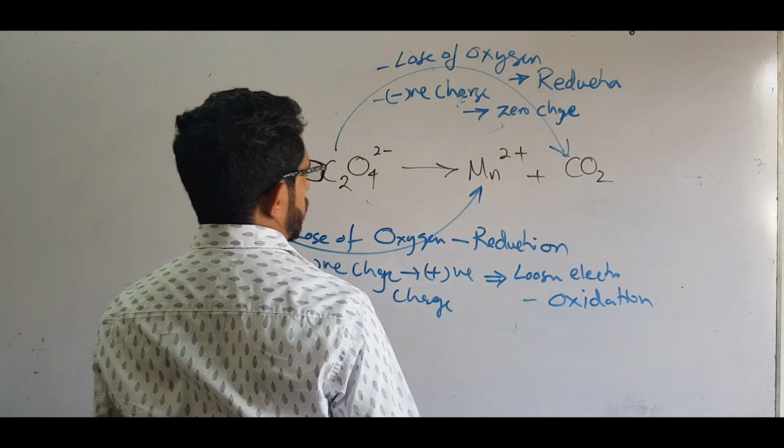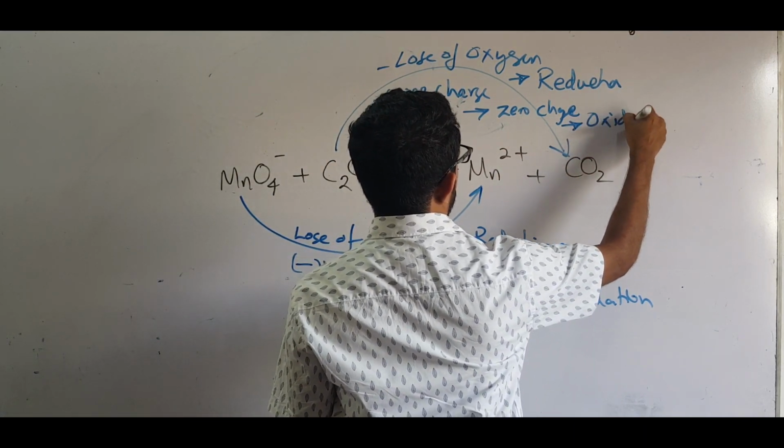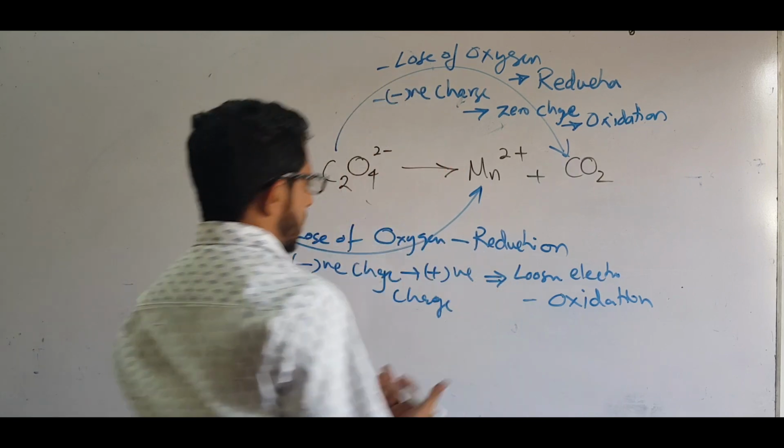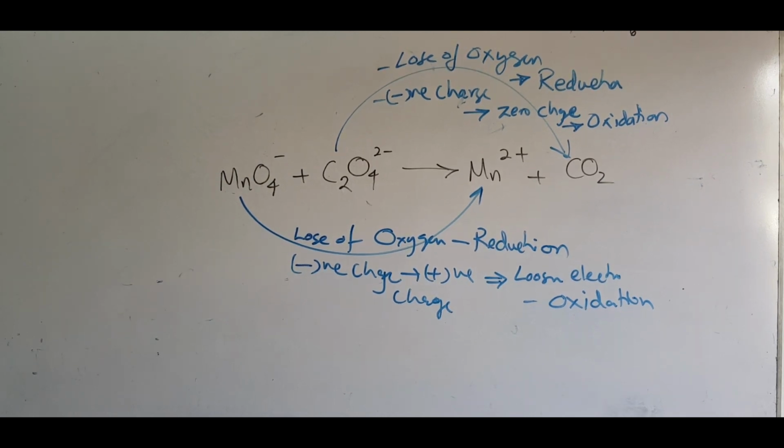Negative charge to 0 charge means it has lost electrons, so it looks like oxidation, which is impossible to happen in the same chemical reaction. You can't have two reductions or two oxidations at the same time. I mean, you can't have only oxidation or only reduction.